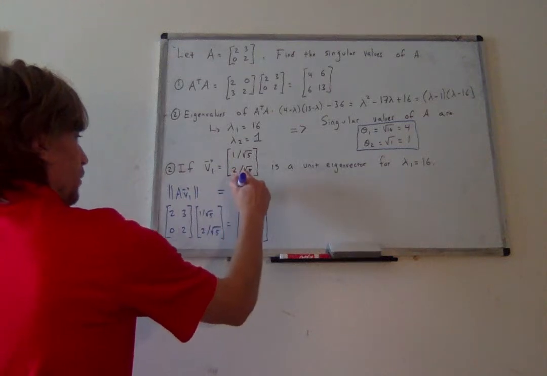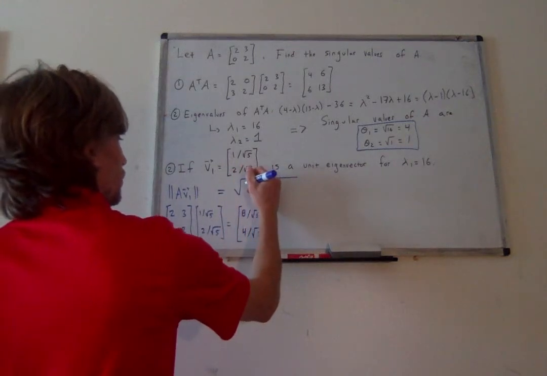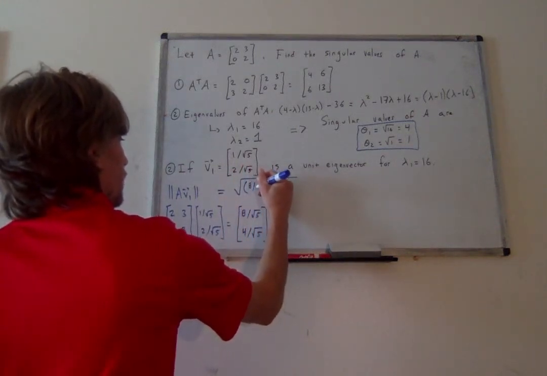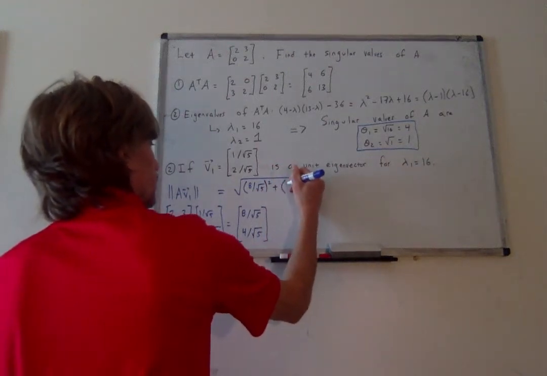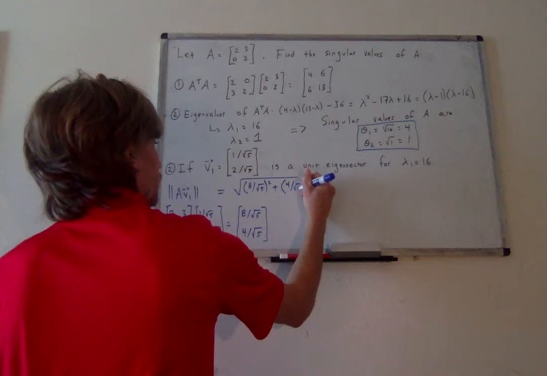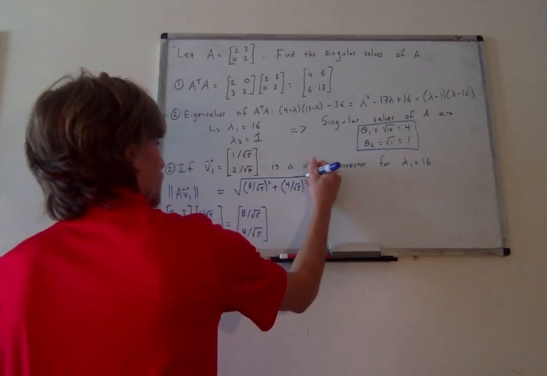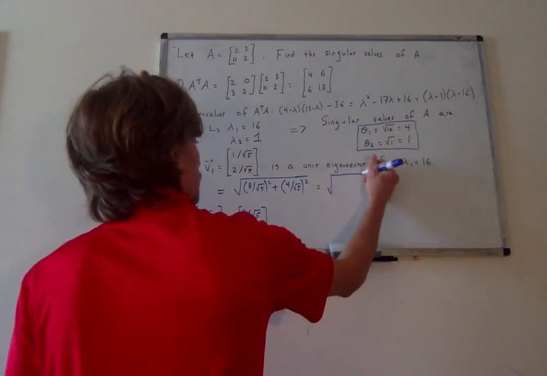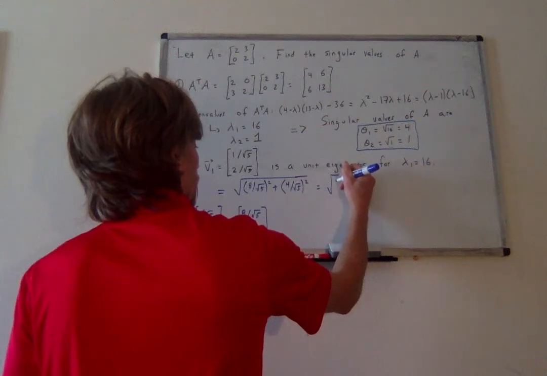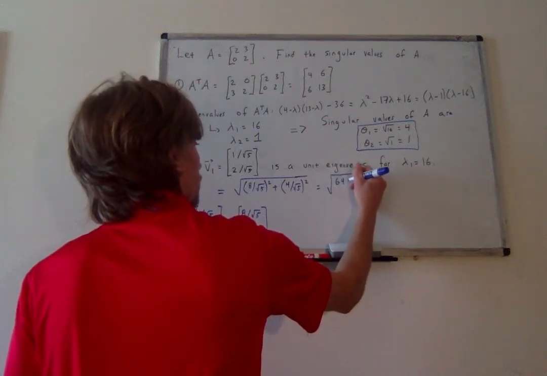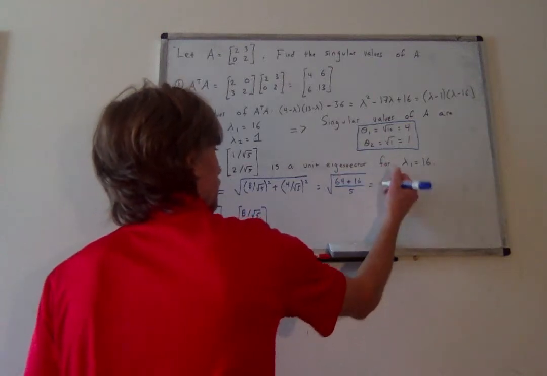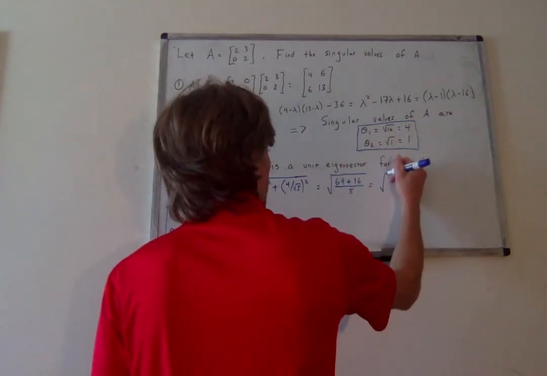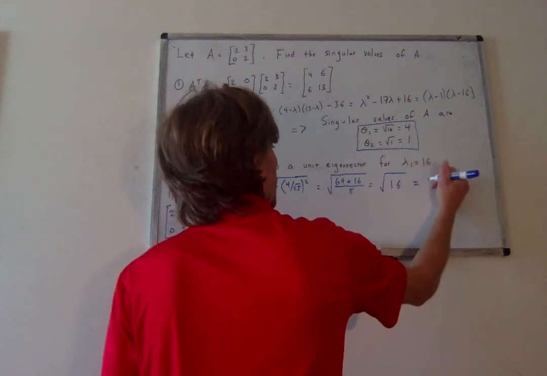So that means the length of this vector is equal to the square root of 8 over root 5 squared plus 4 over root 5 squared, which is equal to the square root of 64 plus 16 over 5. 64 plus 16 is 80, divided by 5 is 16.